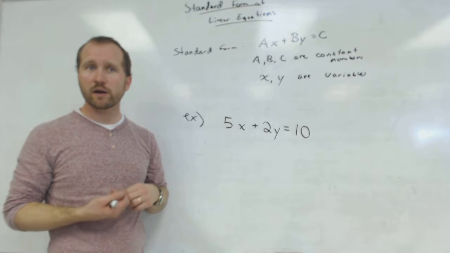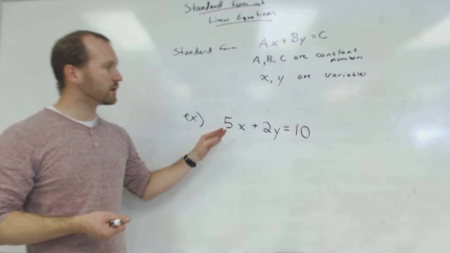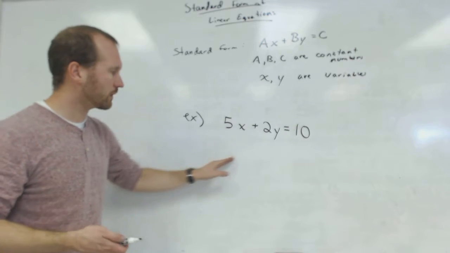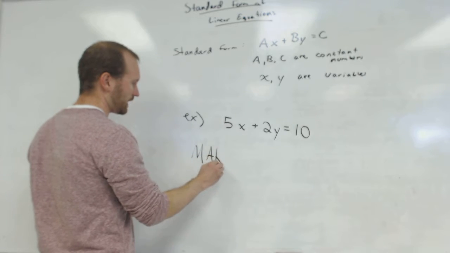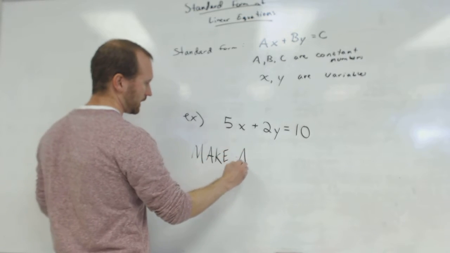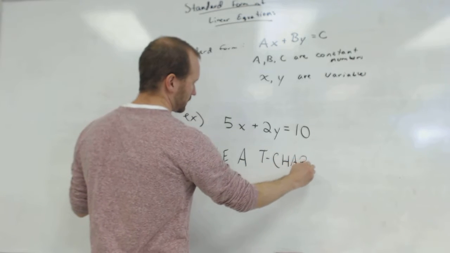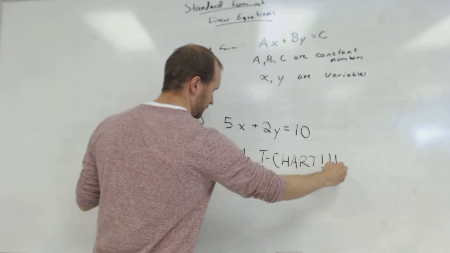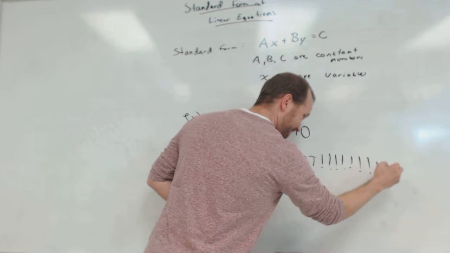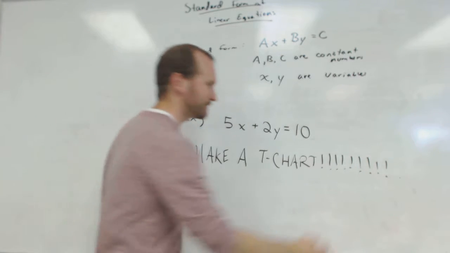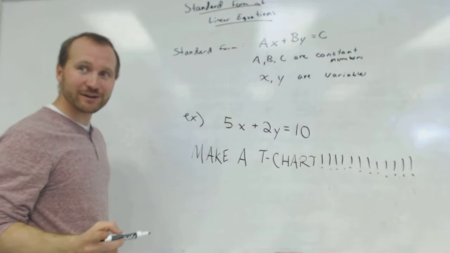So instead, the way that we're going to graph this is to make a t-chart. So if you have an equation of a line in standard form, you're always going to make a t-chart. What are you going to do?